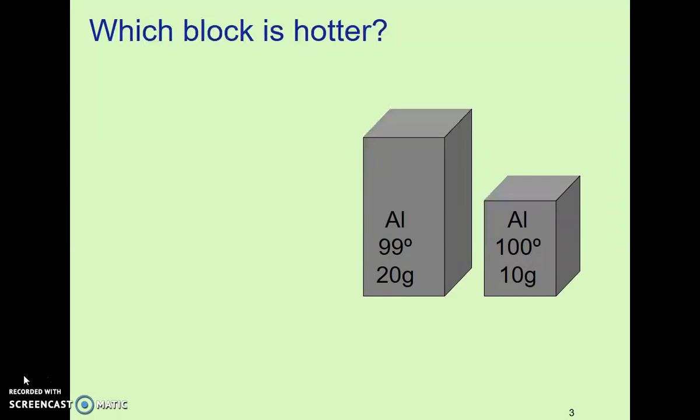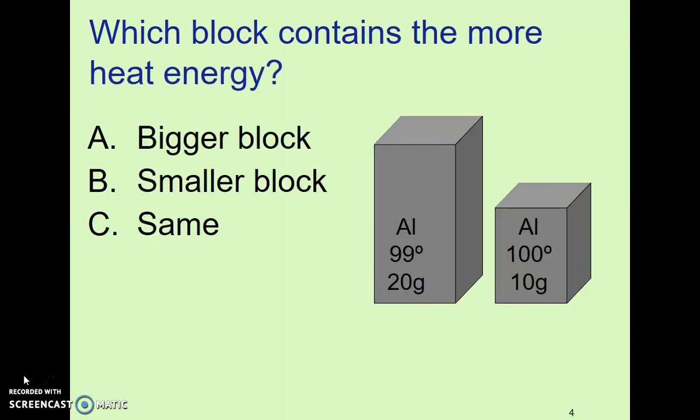We have an aluminum block at 99 degrees Celsius with a mass of 20 grams, and another aluminum block at 100 degrees Celsius with a mass of 10 grams. When we're looking at temperature, to see which block is hotter, we simply look at the value of the temperature. Since the smaller block has a higher temperature, it is hotter. However, if we ask which one contains more heat energy, the bigger block does.